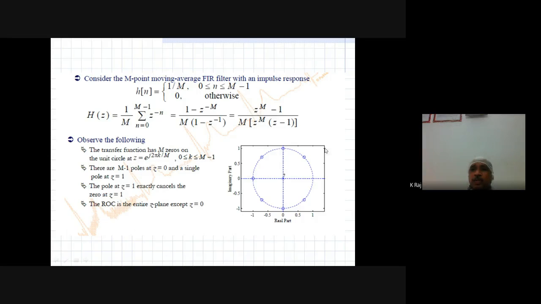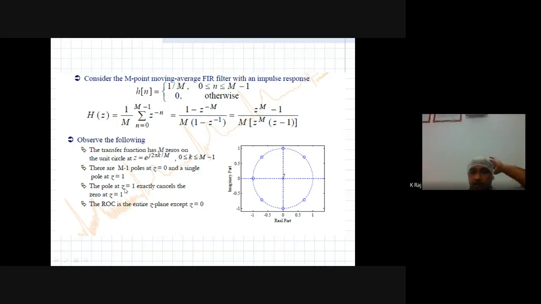There are M − 1 poles at z = 0, and a single pole at z = 1, that is the (z − 1) term.